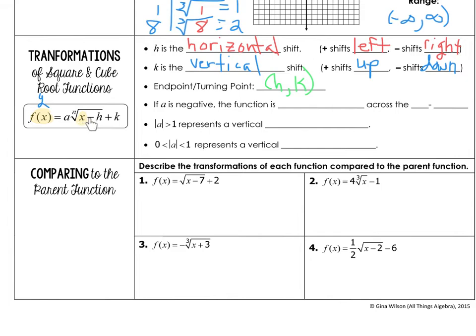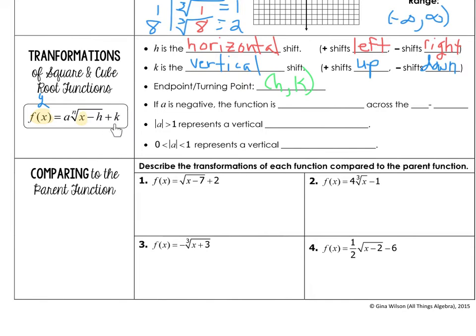So if you have x minus 2, your H value, which is the x value of your turning point, would be a positive 2. If it were an x plus 2, you'd take the opposite and put a minus 2 here.